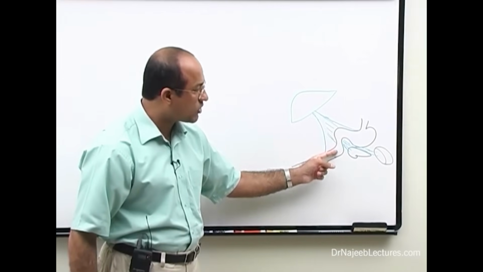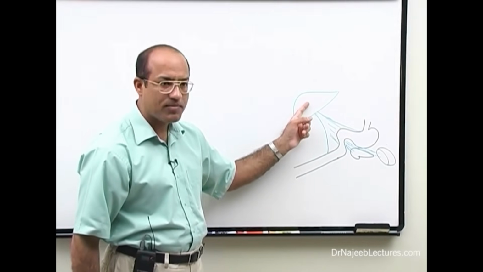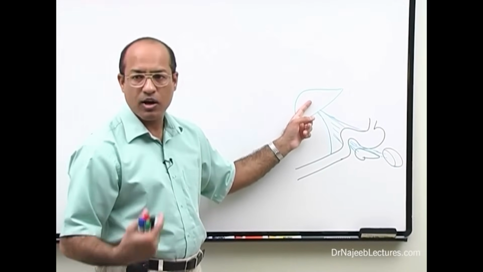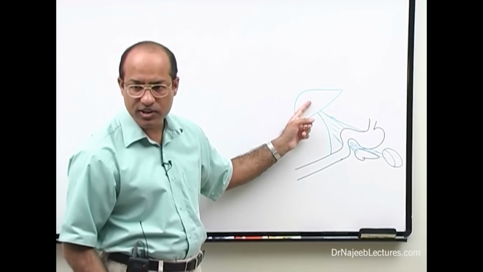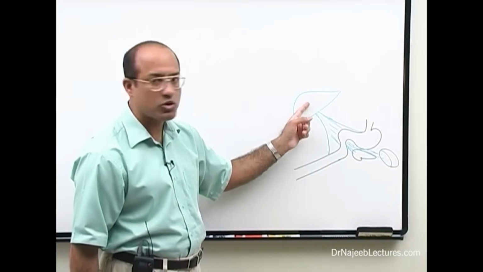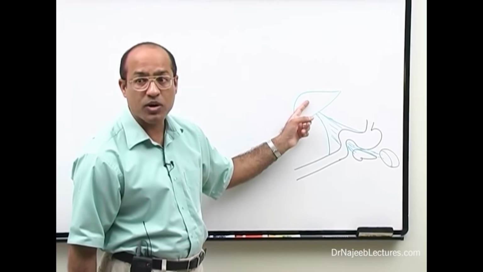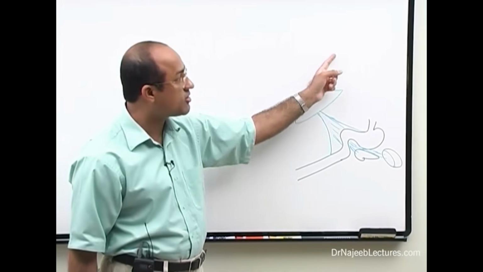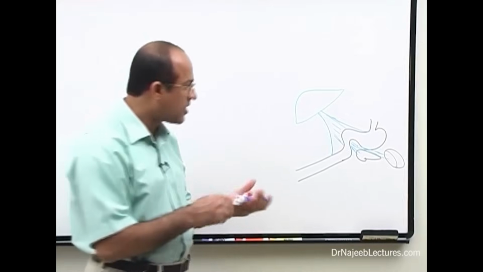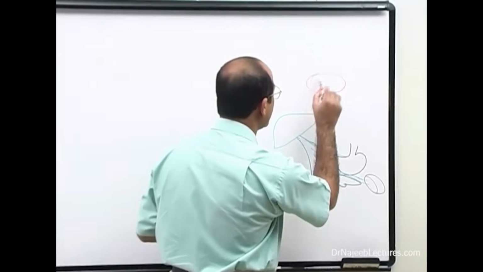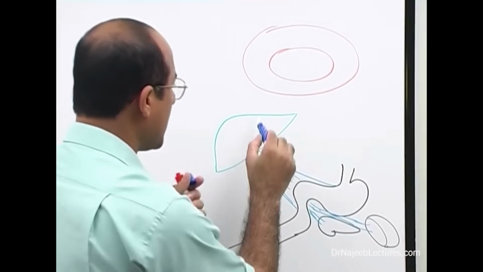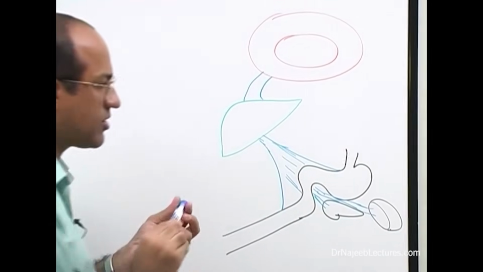Again, from the GIT a lot of nutrients must go to the liver so that the liver can handle them. For example, if you have eaten food with a lot of carbohydrates, the extra glucose going to the liver should be converted into glycogen, so that the level of glucose in the general circulation does not go very high. Suppose here is your general circulation, and eventually blood from the liver drains into the general circulation.